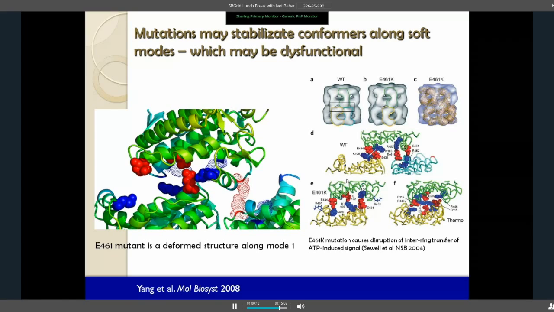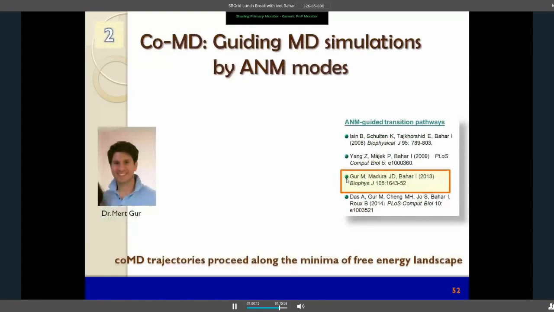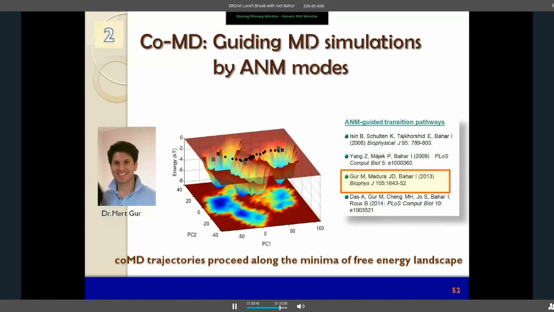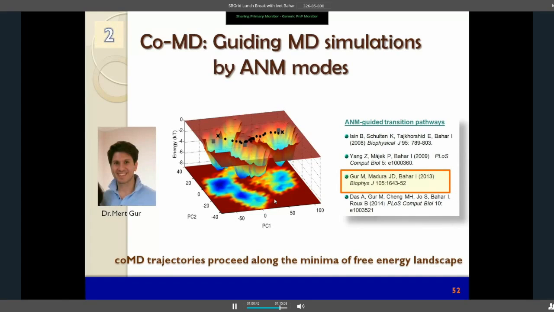We have also developed methodologies that combine ANM analysis with MD simulations, and that is also one of the modules. That is a very powerful method because ANM predicts the most cooperative directions of motion at a coarse-grained scale. But now we can fill in the details with the help of MD simulations, and we can construct the energy landscape projected onto the principal components.